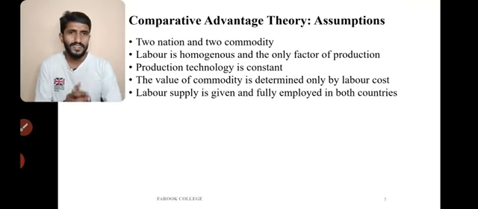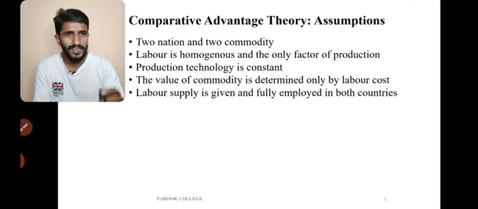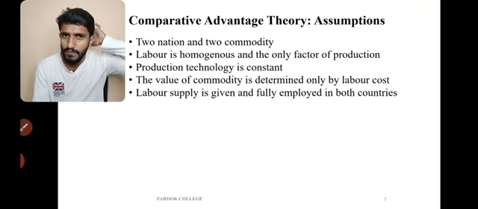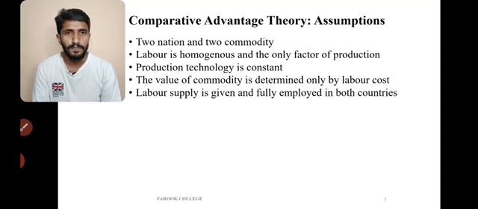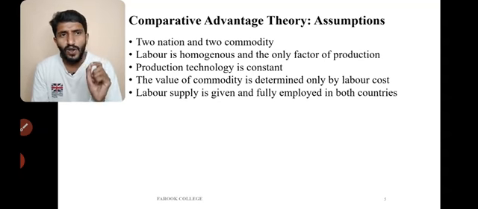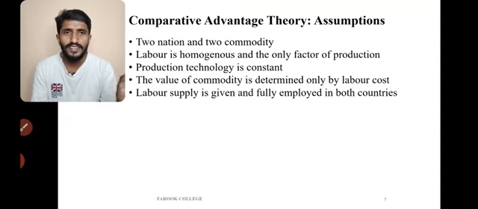So this is also a classical theory, so you should expect that labor is the only factor of production, because we have already said that this is the assumption of the classicals. And production technology is constant, or we can say it is given. This is a new assumption.